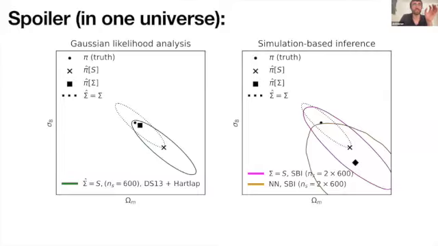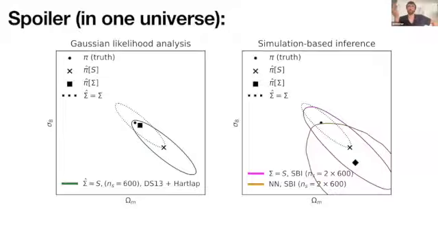You might not be able to see this, but it's supposed to be a green contour on the left, compared to the true 1 sigma contour of the Fisher matrix here. So that's the true posterior compared to a Gaussian likelihood analysis where you don't know your data covariance and you only use 600 simulations. This is obviously centered around those estimated parameters, and you can see an inflation here relative to the true posterior.